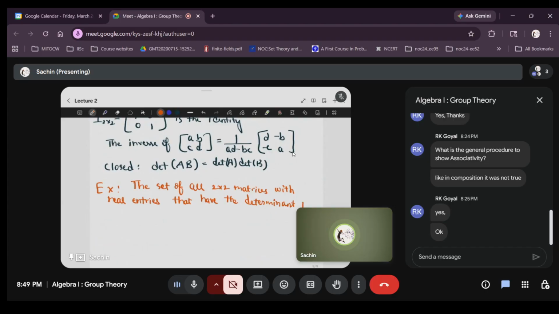So the set of all 2 by 2 real matrices with determinant 1 is a group called the special linear group.